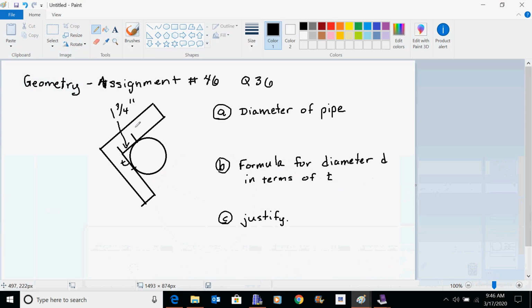It was the one that involved having a builder's square. And a builder's square makes a right angle. Okay, and there was a circle involved in it, and it asked for the diameter of this pipe that was being measured. So within that, they also said that there was 1 3/4 inches from here to the tangent.